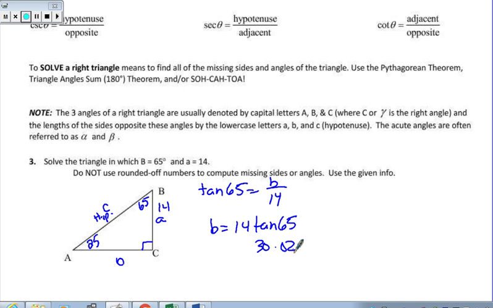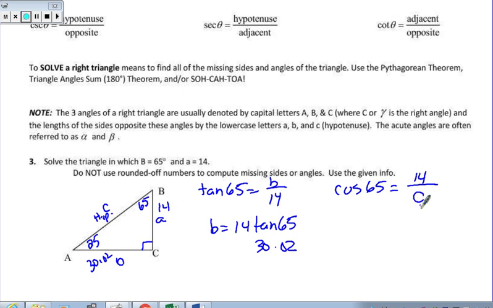Now I want to find the hypotenuse. I could use the Pythagorean theorem if I want to, but I'm going to stick with the trig functions. So again, I was given the adjacent side, and now I'm looking for the hypotenuse, so that would bring us to cosine. So the cosine of 65 degrees would equal the adjacent side of 14 over the hypotenuse, which is what I'm looking for here.